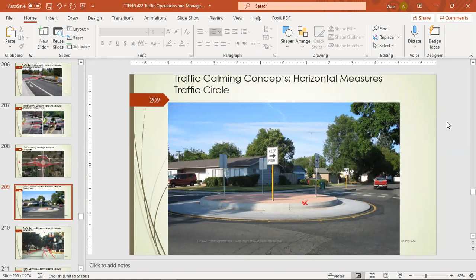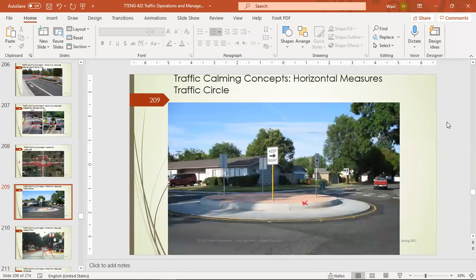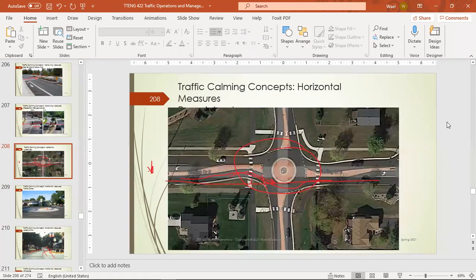For example, in a roundabout, we have this geometry that forces drivers to slow down. In traffic circles, this does not exist. In a roundabout, we have a splitter island designed in a geometry that does not allow drivers to make opposite turns and several other issues.